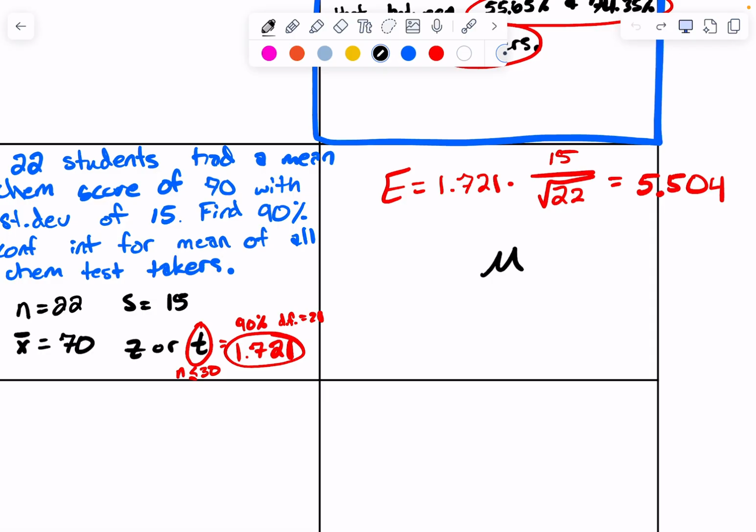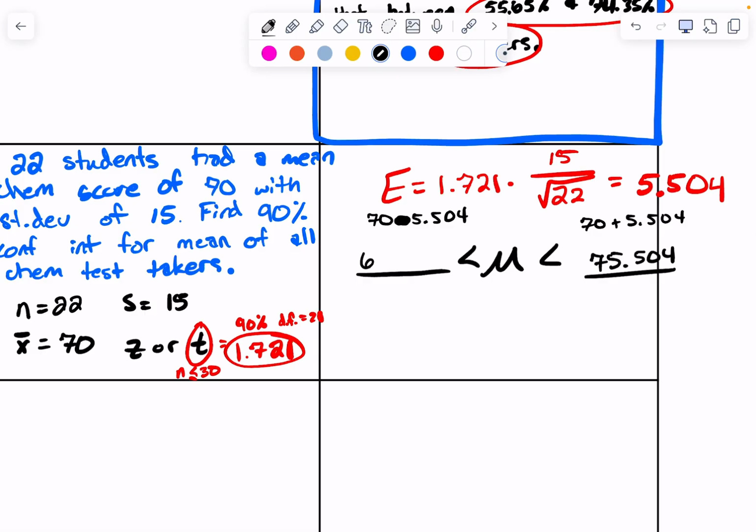All right, mu lives between these two numbers. I take x bar, which is 70, and I add 5.504. Oh, excuse me, subtract on this side. 70 plus 5.504 is 75.504, and this one is 64.496.